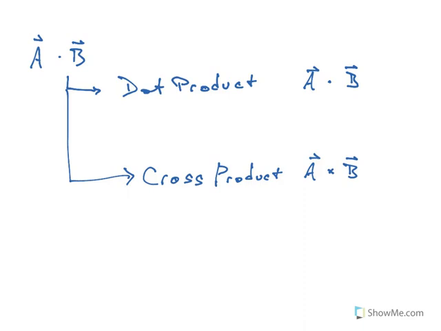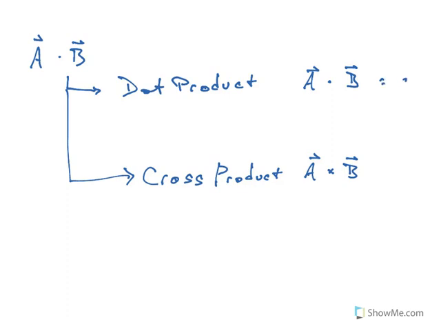And these two things are completely different. They're both multiplying two vectors together, but the way you multiply is different, the answer you get is different, and the physical interpretation is different. For instance, with a dot product, you start with two vectors, A and B. You do this type of multiplication, and the answer you get is not a vector anymore.